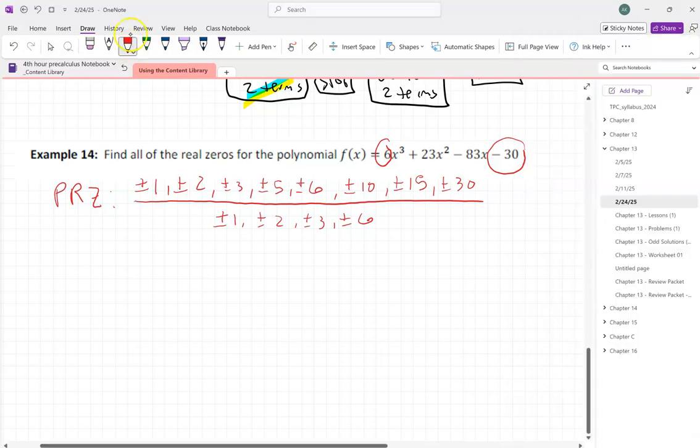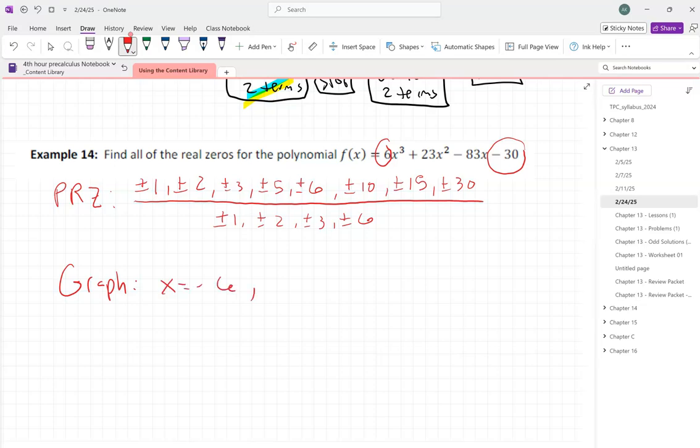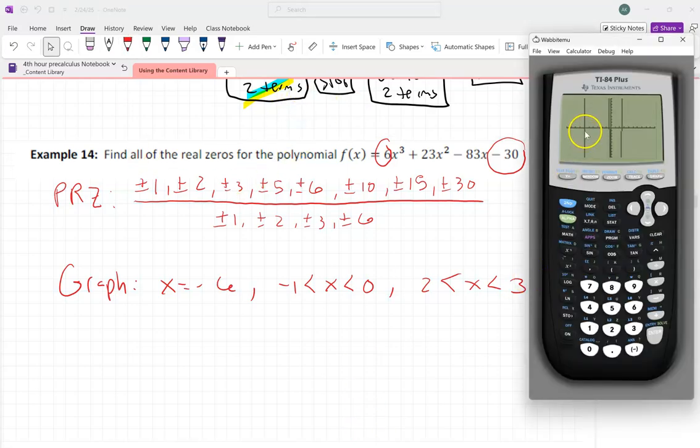Okay. And I'll write it this way. Now, when I look at each one of these x-intercepts on the graph, looks like the graph is just kind of passing straight through each of these.